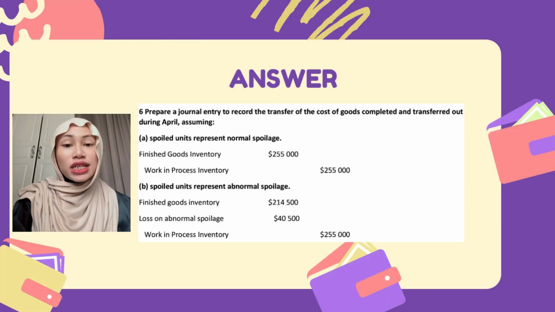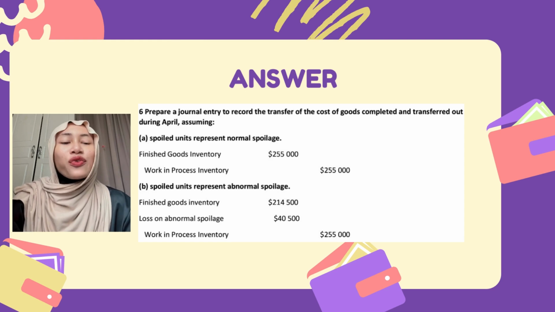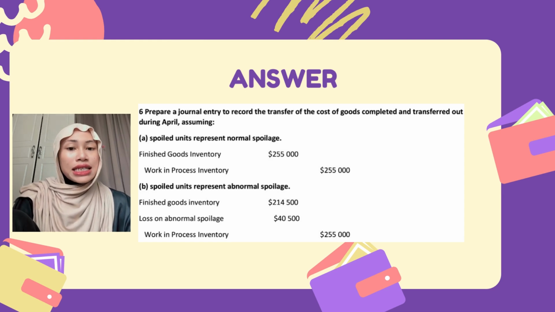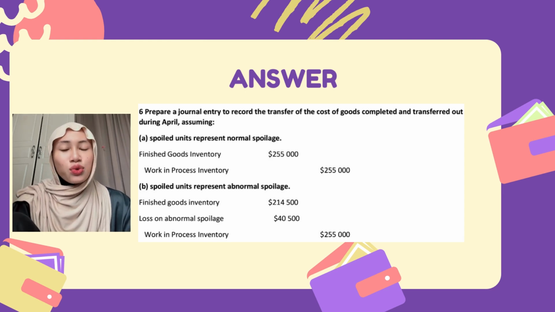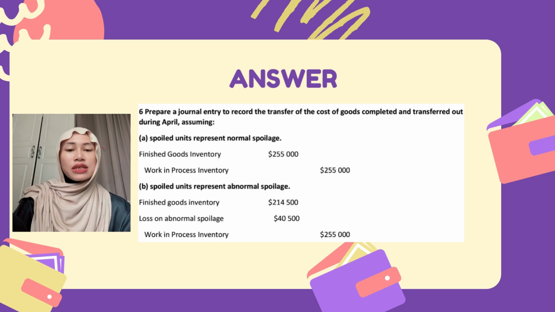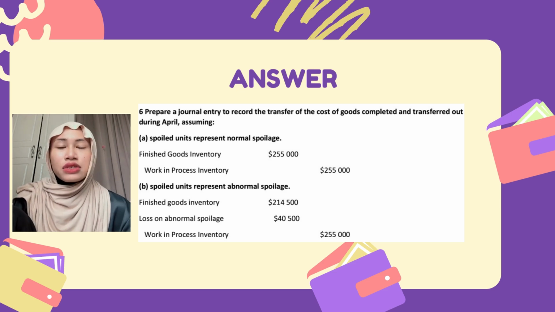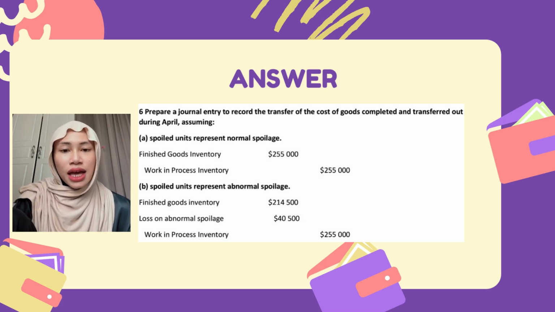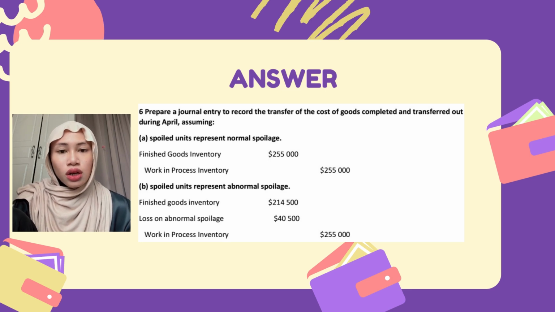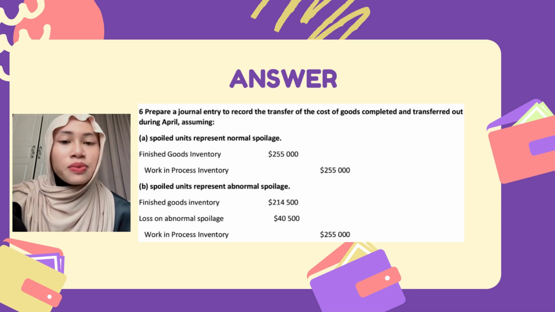Okay, so question number 6, prepare a journal entry to record the transfer of the cost of goods completed and transferred out during April. So for A, on the debit side, finished goods inventory 255,000, while for the credit side, work in process inventory 255,000. This value we got by adding the total value 214,500 with 40,500 that we calculated in questions number 3 and 4.